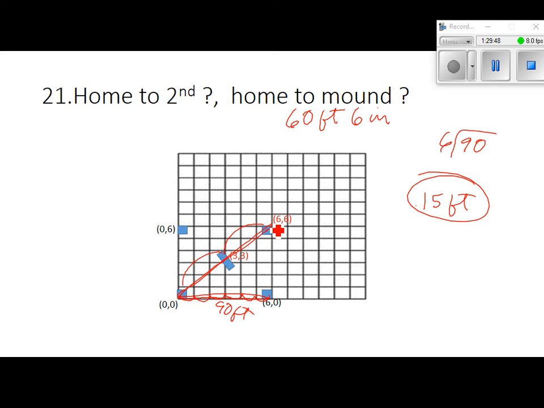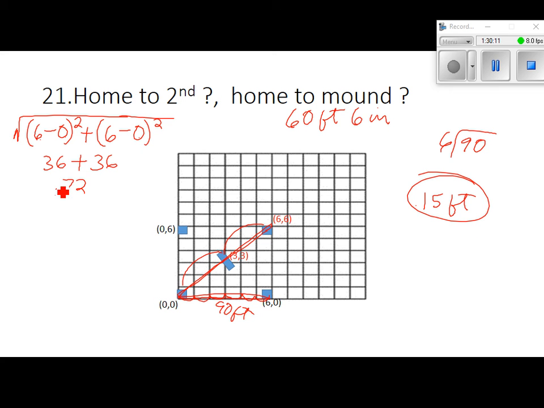So home to second, we've got to use the distance formula. Our x's are 6 and 0, so 6 minus 0 squared plus our y's, which are 6 and 0, 6 minus 0 squared. 6 minus 0 is 6, squared is 36. 6 minus 0 is 6, 36. Add those two together, you get 72. And you still have to take the square root of that.